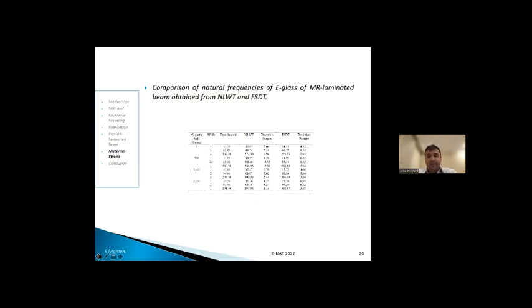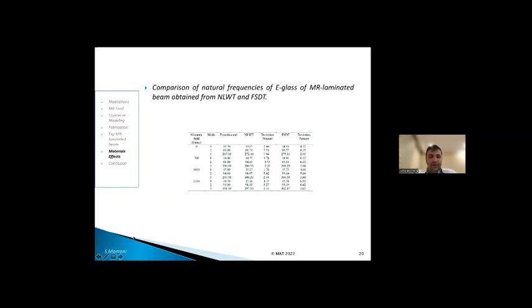As you can see, the deviation percent of the N layer of the layer-wise theory versus experimental, and FSTT versus experimental, is about 40% lower than the FSTT. And this phenomenon shows that the layer-wise model is much more accurate than other methods.